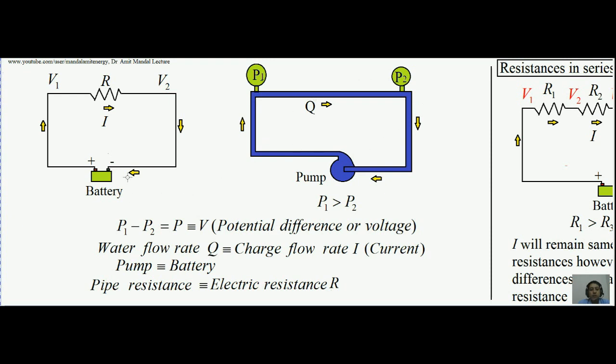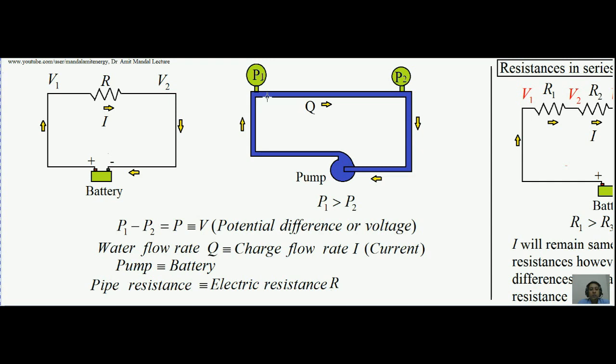Now what happens in the battery? The potential difference V1 minus V2, you can consider as the pressure difference between the two ends of the pipe. This potential difference is responsible for the flow of charge, just like the pressure difference is responsible for the flow of water, the flow of liquid through these pipes. So you can consider this electric potential difference as electrical pressure which is responsible for the flow of charge through this circuit.